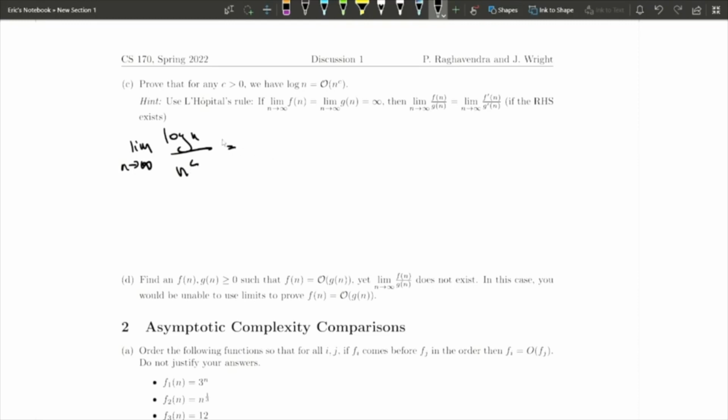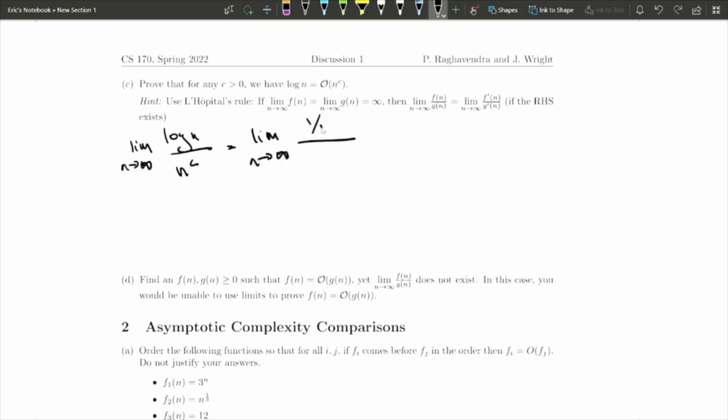I am kind of stuck here because in these previous problems, we've had really simple simplifications, like dividing by n on both sides. In this case, we're not able to, so we'll be using the hint, applying L'Hopital's rule. We know that both of these limits are approaching infinity as n approaches infinity. So let's go ahead and apply L'Hopital's.